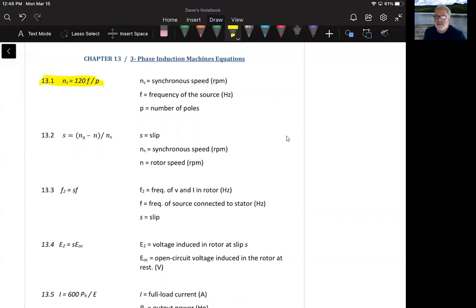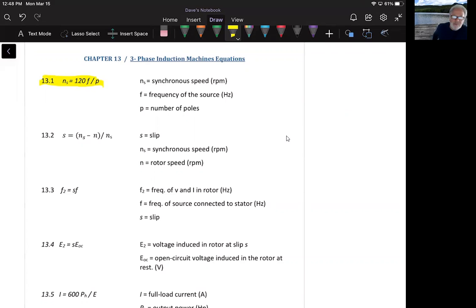Most of the time the frequency is going to be 60 hertz. Sometimes you'll see 50 hertz, depending on the location. European standard is 50 hertz, and we look at 60 hertz in the United States. Our textbook uses number of poles, not pole pairs, so we don't get into that confusion. This gives us the synchronous speed of a motor.